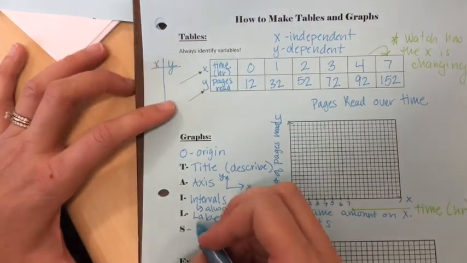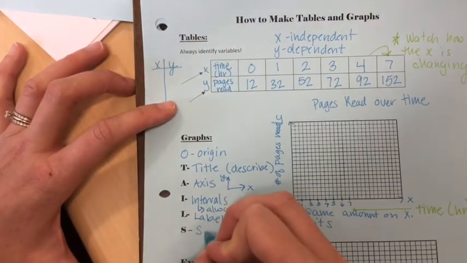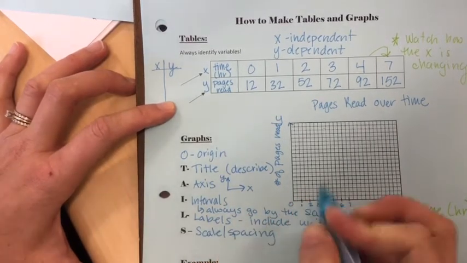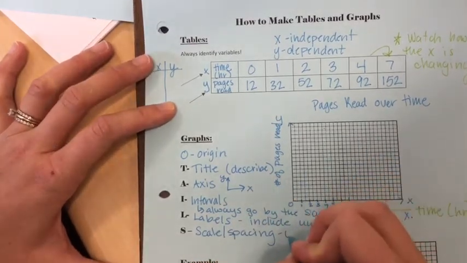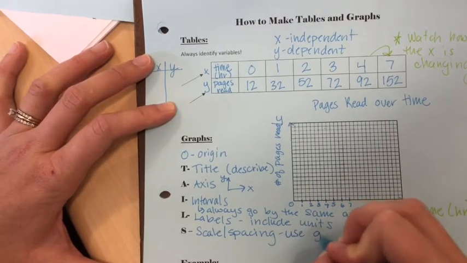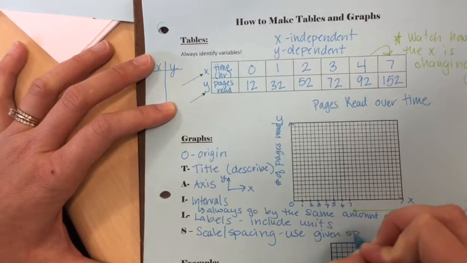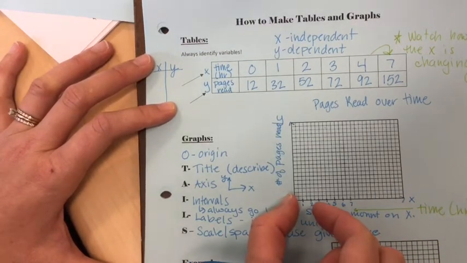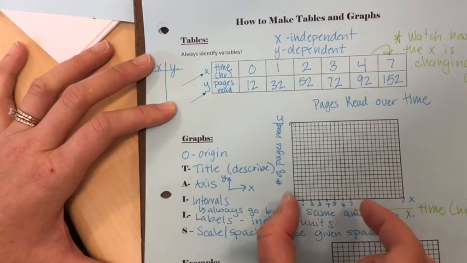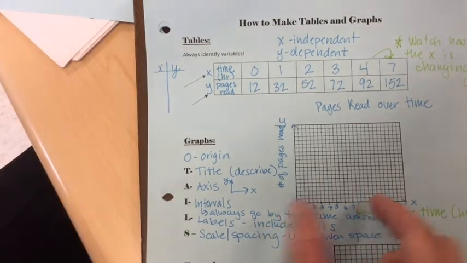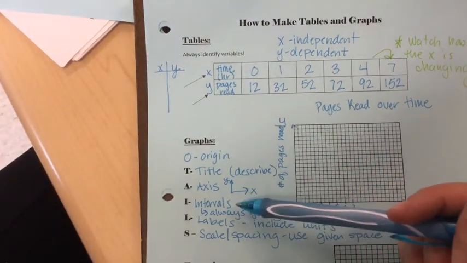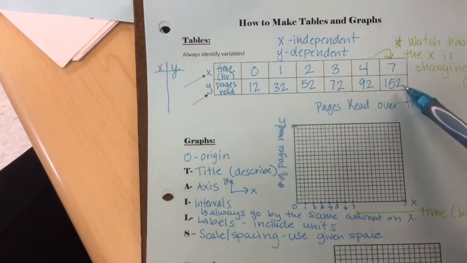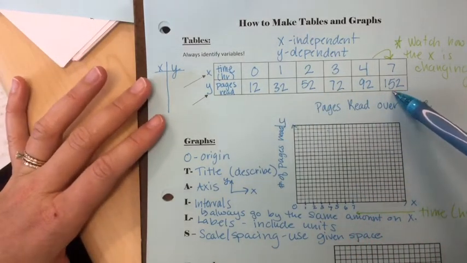So let's go ahead and finish off this scale. S stands for the scale or the spacing. You want to make sure you use the given space. And that is why we didn't squish all 7 of these in this little graph, but we went and used the appropriate space there. Now, for the Y variable, or dependent variable, pages read has to go all the way up to 152.